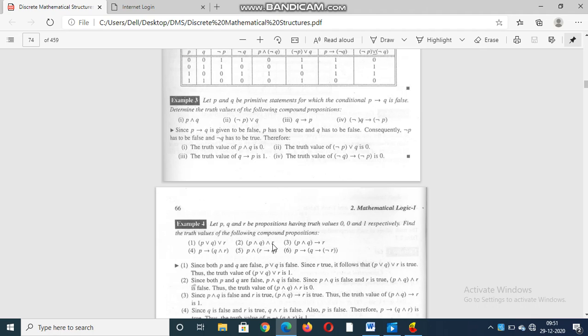So the statement is false. Since P conjunction Q is false and R is true, the truth value of P conjunction Q conjunction R is also 0.